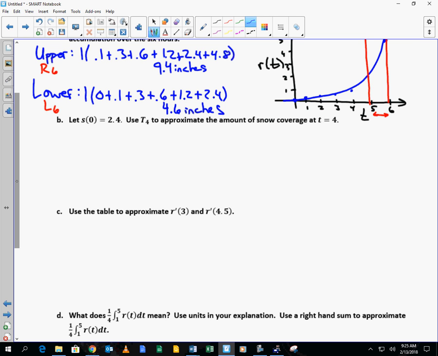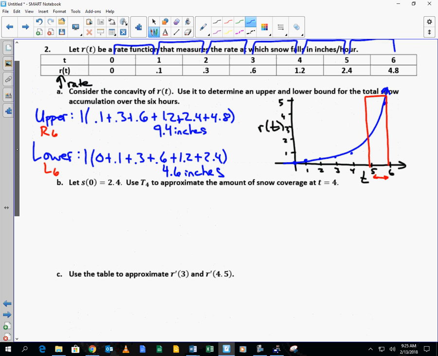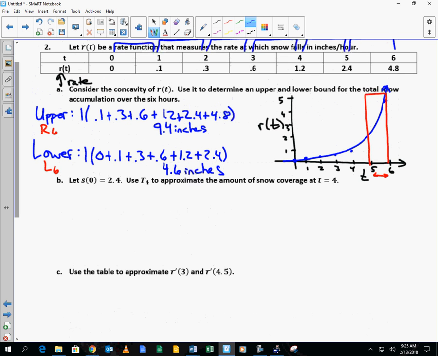So how would I do that? How many rectangles? 4. If I want to do trapezoidal, I have to do right hand of 4 plus left hand of 4 and divide that by 2, right? Okay, quick, on your own. See if you can do right hand 4 and left hand 4 and divide by 2. Go.